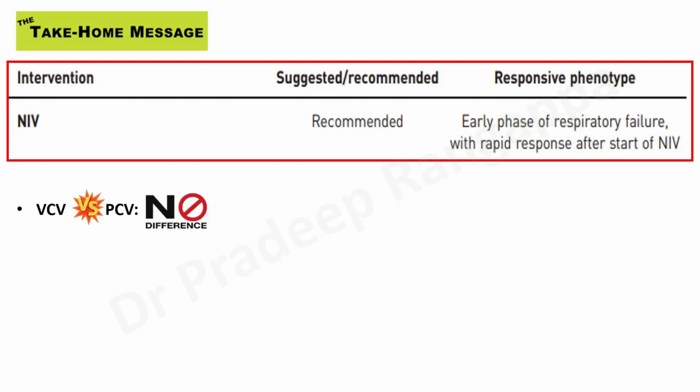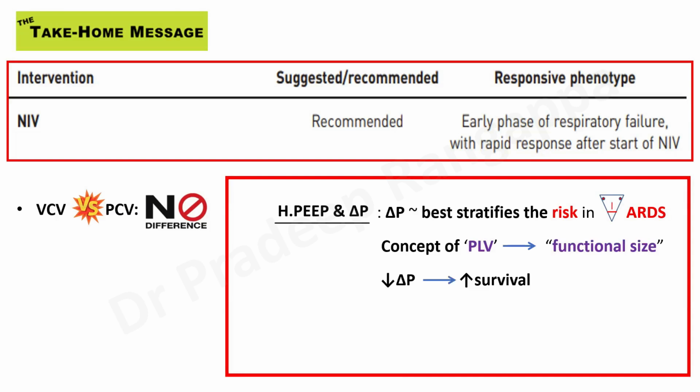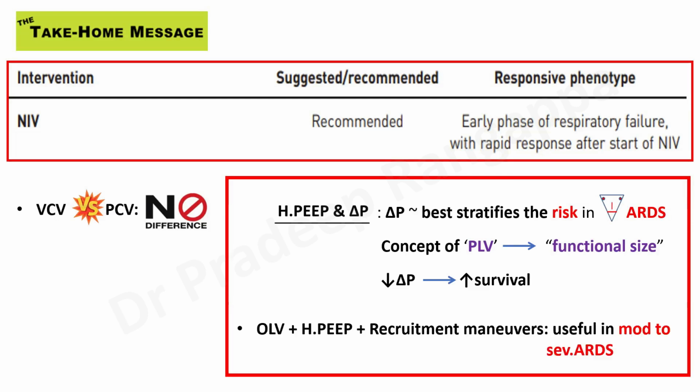So volume controlled versus pressure controlled, there is no difference. And I've spoken enough about high PEEP and driving pressure. So focus on driving pressure, keep it less than 15, try to optimize PEEP. And that is a good indicator of determining which patients have a better survival. If you are able to bring down the driving pressure, it indicates that the patient is going to survive with your good ventilatory strategies, and you don't need to jump to ECMO.